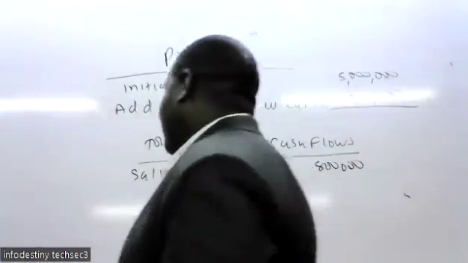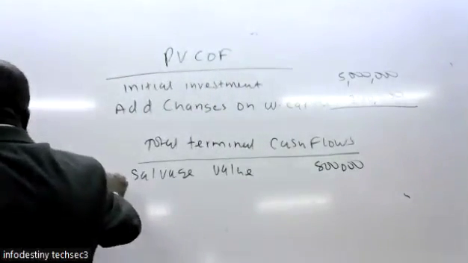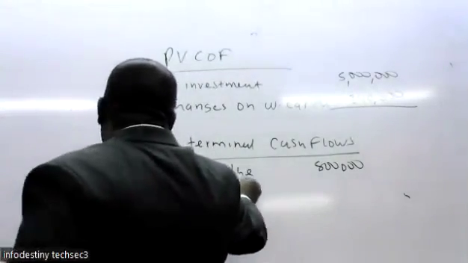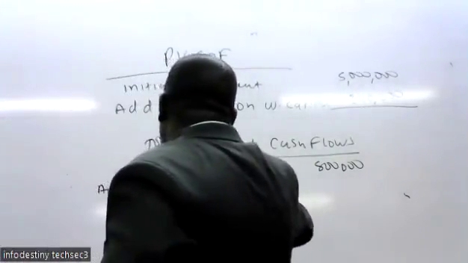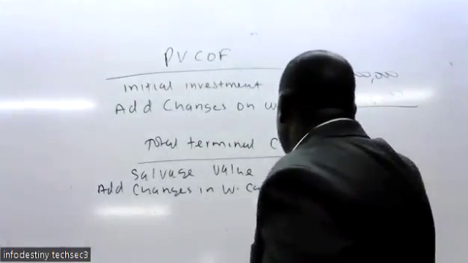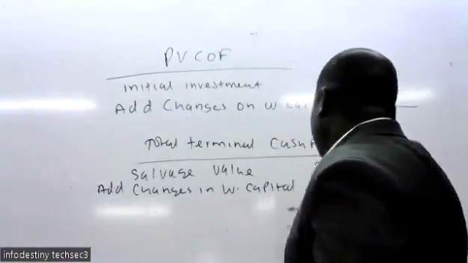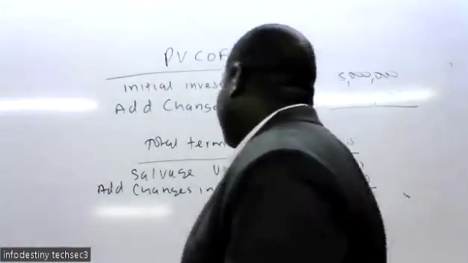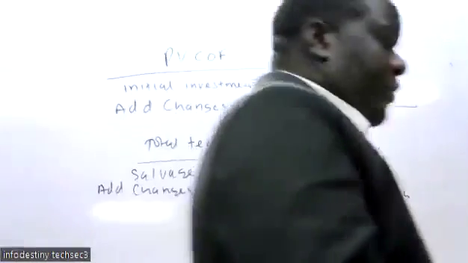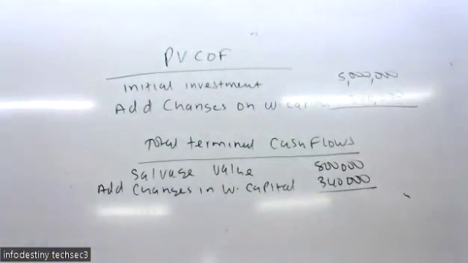Then we add the changes in the working capital, which was 340,000. When you add them together, that gives us the total terminal cash flows. That's now Roman letter 3 of the question.